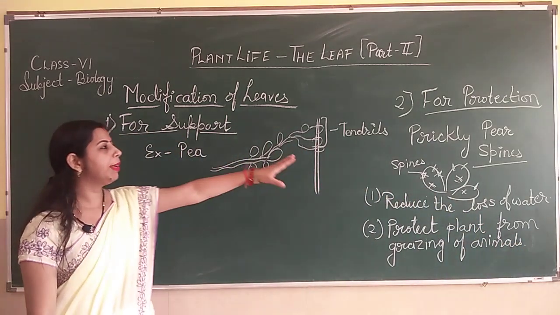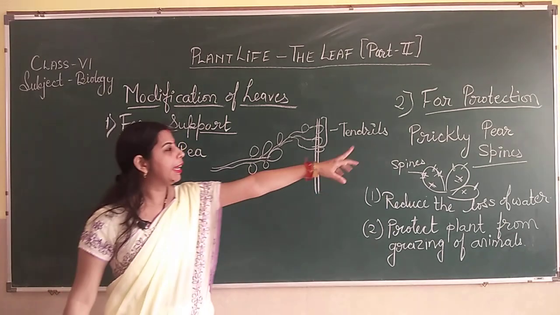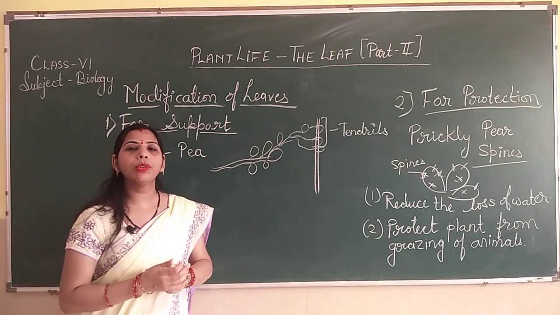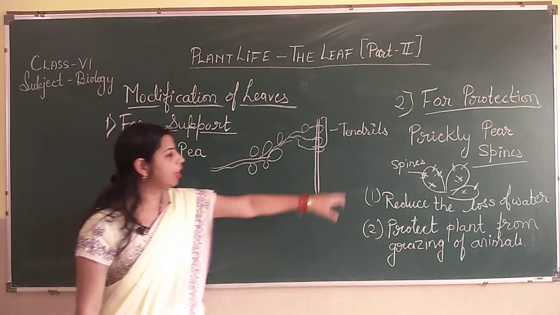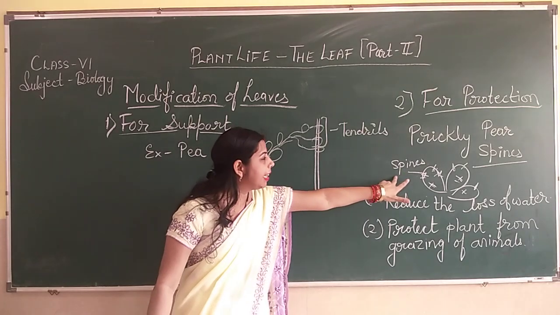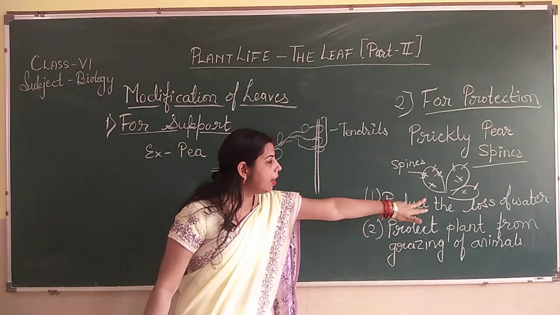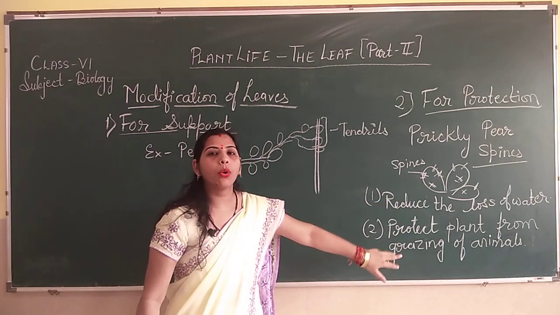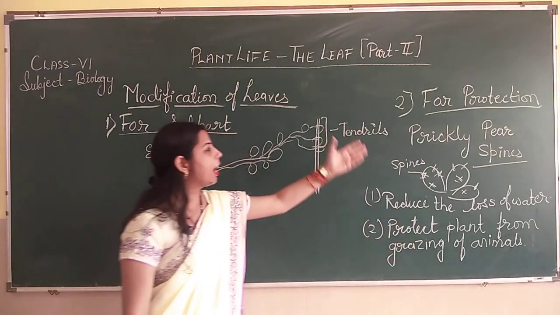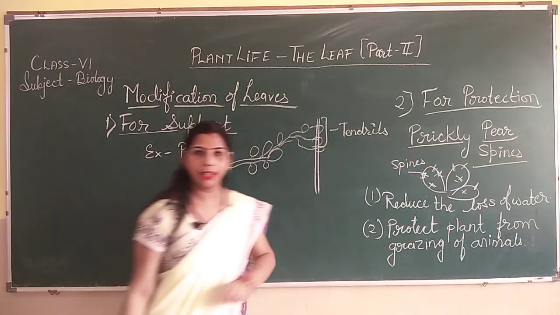Okay, so for protection in the desert area, the prickly pear modified its leaf into prickly structures called spines, and these spines help in reducing the loss of water, and they also help to protect the plant from animals. I already told you the example, prickly pear.